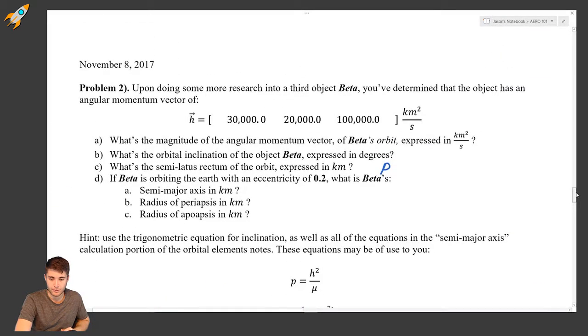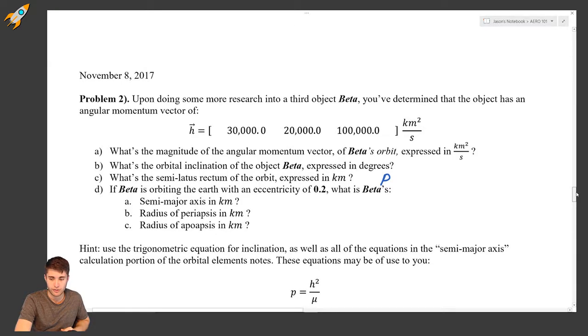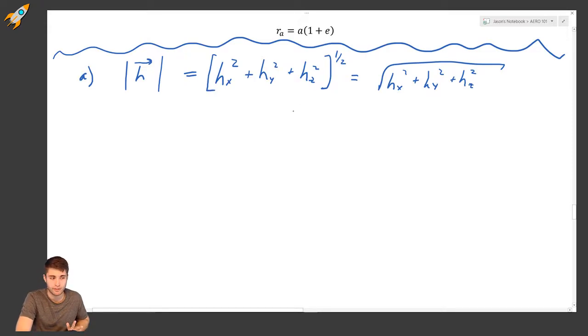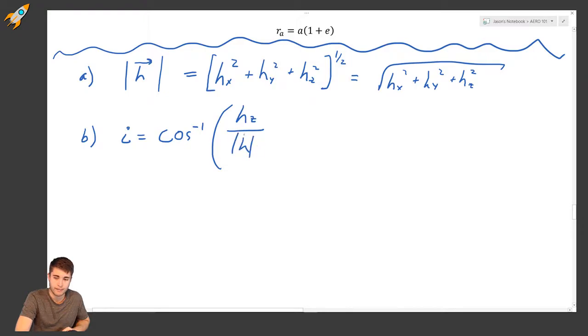Now let's look at the second problem here. What's the orbital inclination of object beta? Well, we went over how to calculate all of the orbital elements. So we already know that inclination is equal to the inverse cosine of the z component of your angular momentum over the total magnitude of your angular momentum.